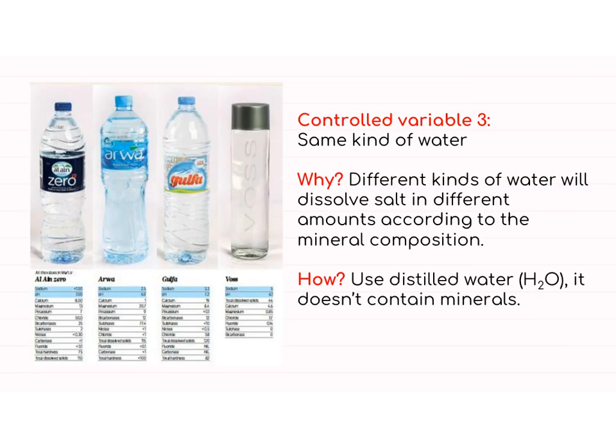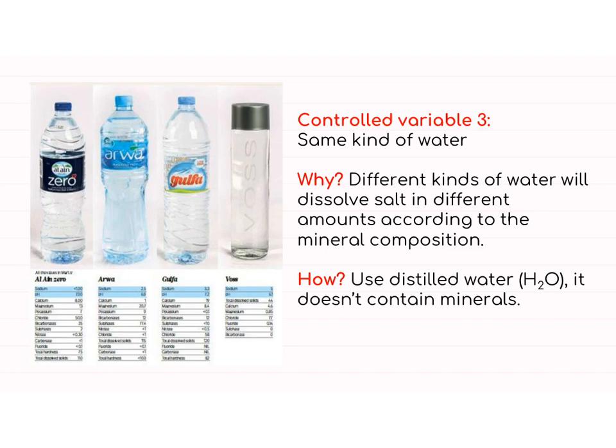Until now, Sarah has two variables to be controlled. So she has to use the same kind of salt in all the given test tubes, and she has to add the same volume of water for all the given test tubes in the experiment. Now, Sarah has a third variable to be controlled too, which is the kind of water.